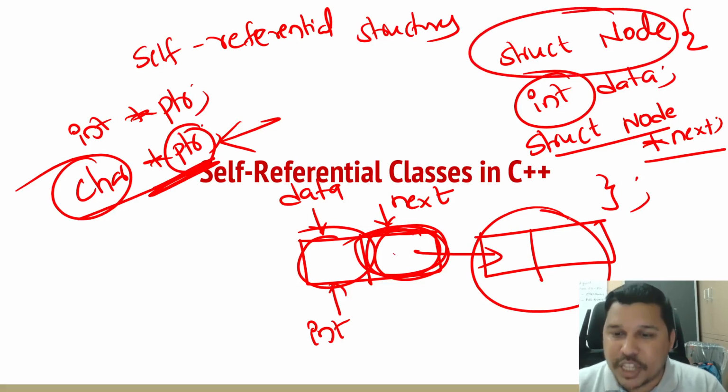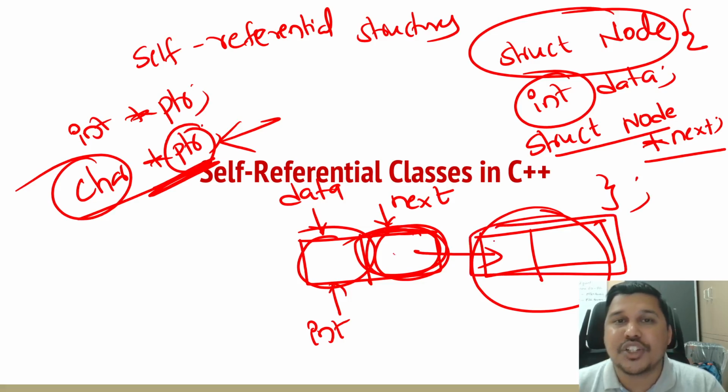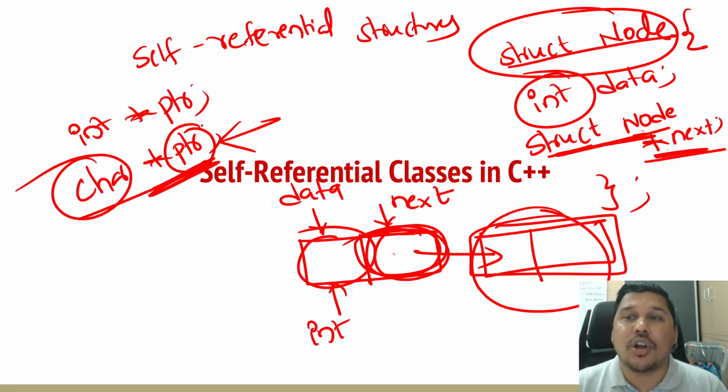The data type of this memory block is struct node type. That's why I am creating struct node star next. I am creating a pointer which is going to store the address of another memory block. That memory block is of type structure node, right? That's why we call it a self-referential structure.